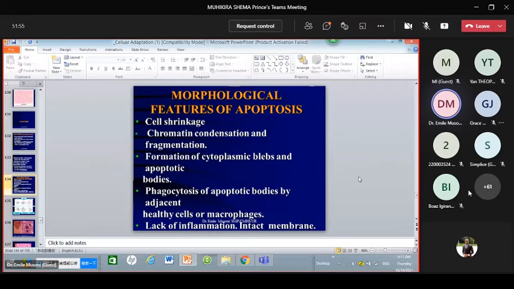Then there will be phagocytosis of apoptotic bodies by adjacent cells or macrophages. In apoptosis, there is no inflammation and the membrane is intact, compared to necrosis. In necrosis, there is destruction of the cell membrane, whereas in apoptosis, the membrane is still intact.